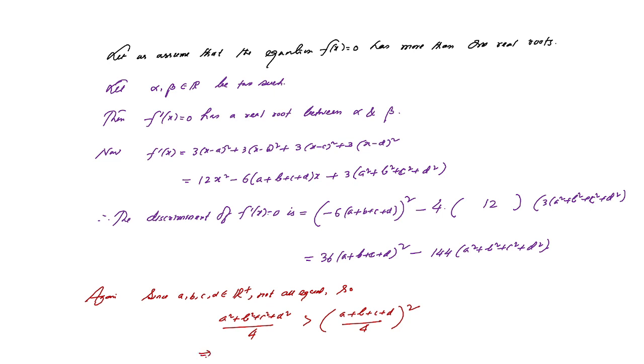So that means 4(a² + b² + c² + d²) is greater than (a + b + c + d)².